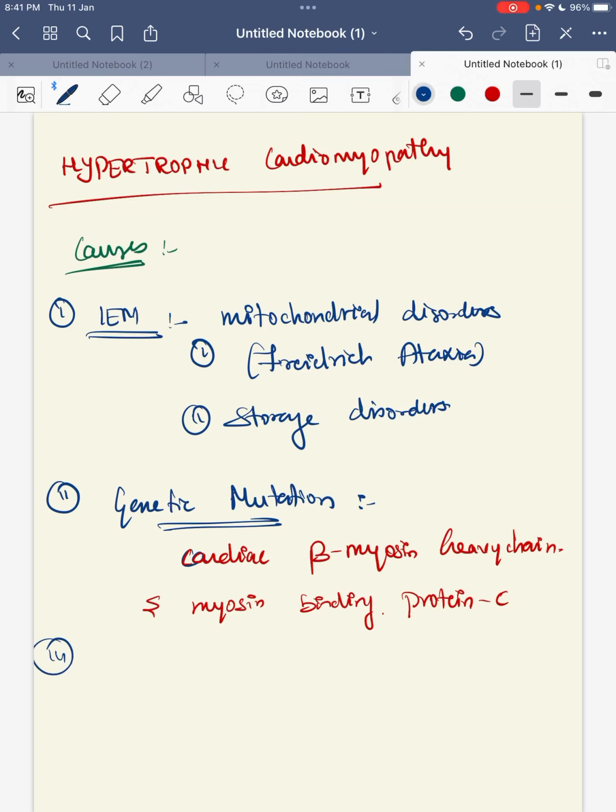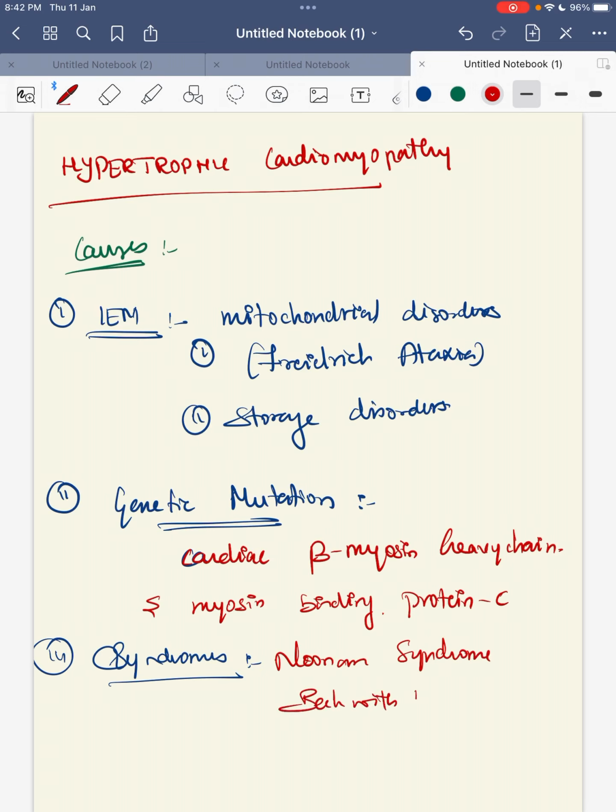Okay, HOCM. Next, third, among the genetic syndromes, Noonan syndrome and Beckwith-Wiedemann syndrome, both children can present with HOCM.